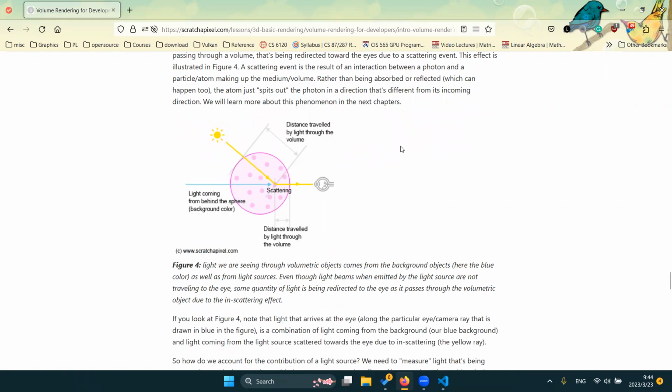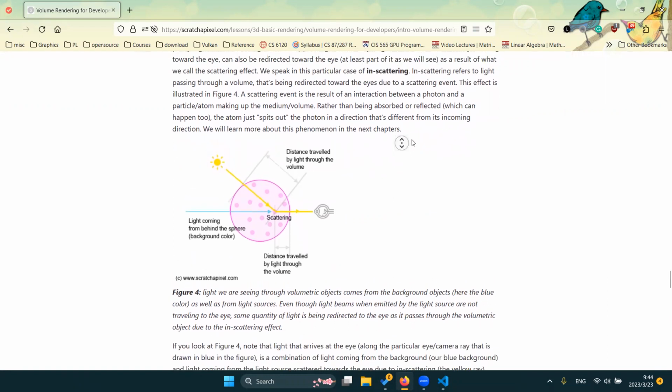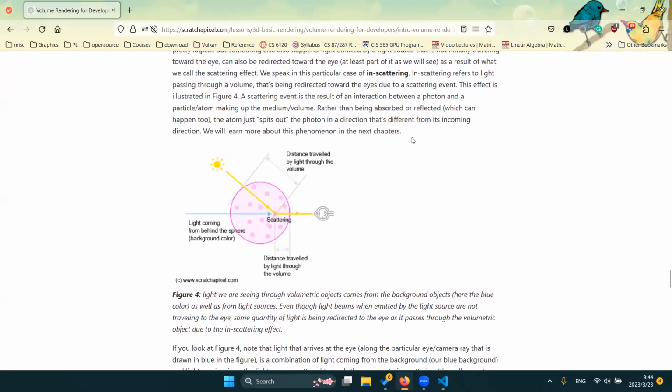For the uniform volume, yeah. And then it has to be attenuated by the distance it has to travel further on to get to the viewer. So distance traveled by light through the volume, and distance traveled by light through the volume again.